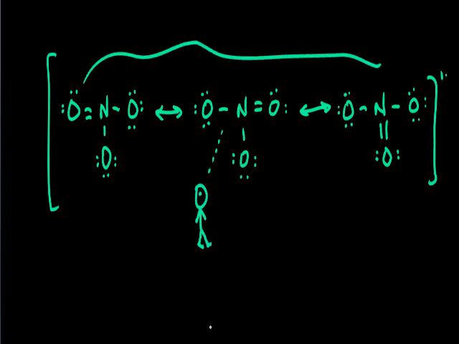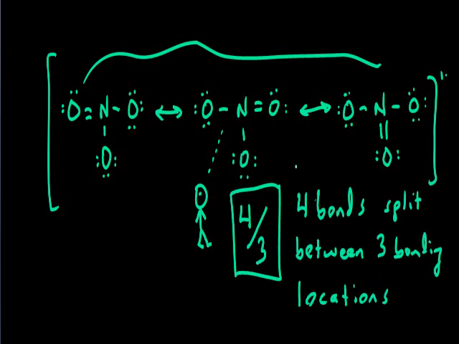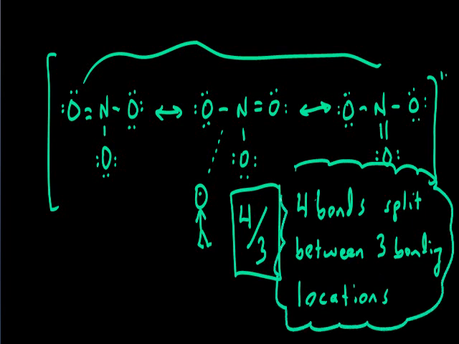But rather what would be observed is that all the bonds are equivalent and each bond would be a 4/3 bond, with each bond between the nitrogen and oxygen being exactly the same size in length and strength. The 4/3 bond comes from, we have 4 bonds split between 3 bonding locations. So the bonding electrons get averaged out and evenly distributed between all the bonding locations.